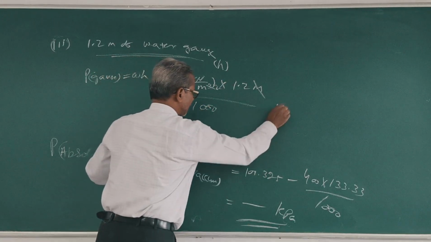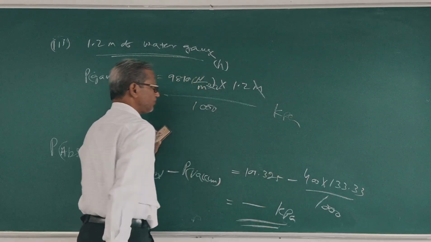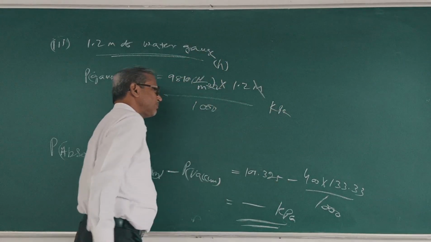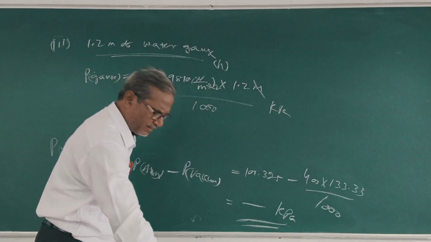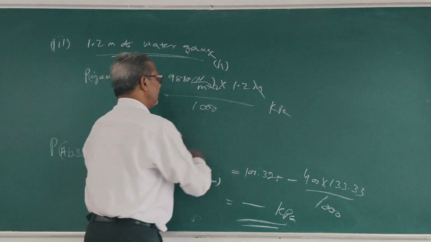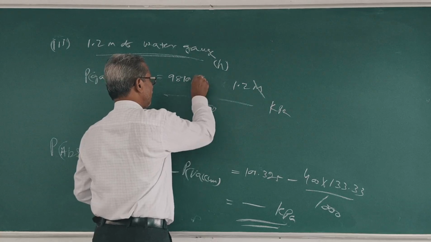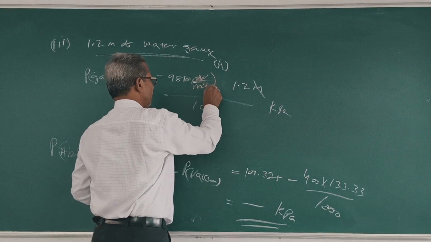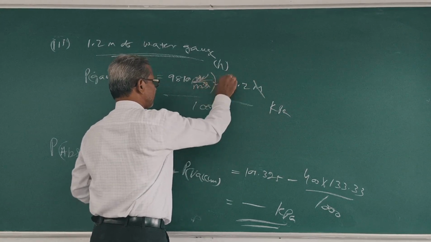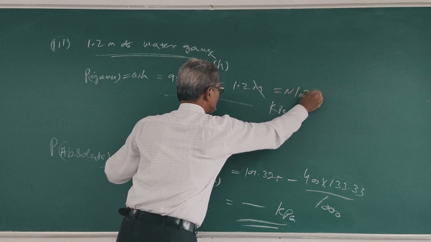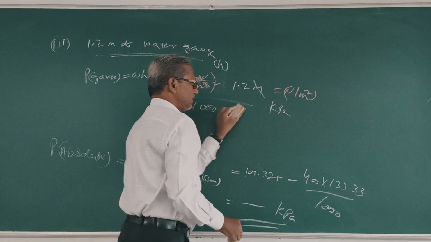This is the answer, kilopascal. Clear? Meter cube cancels with meter, leaving meter square. The answer is Newton per meter square by 1000. The final answer is kilopascal.